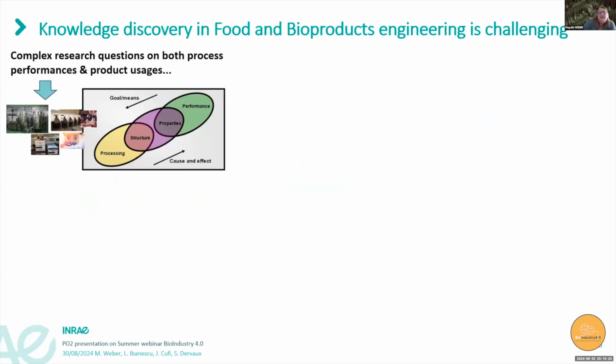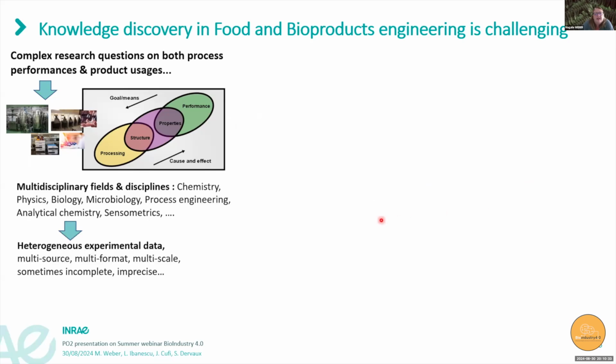Now, knowledge discovery in food and bioproduct engineering is challenging because there are complex research questions on both process performances and product usages. The data collected are by nature multidimensional as they cover different disciplines, and it is necessary to integrate and exploit large collections of experimental data sets coming from various projects and having heterogeneous sources and formats.